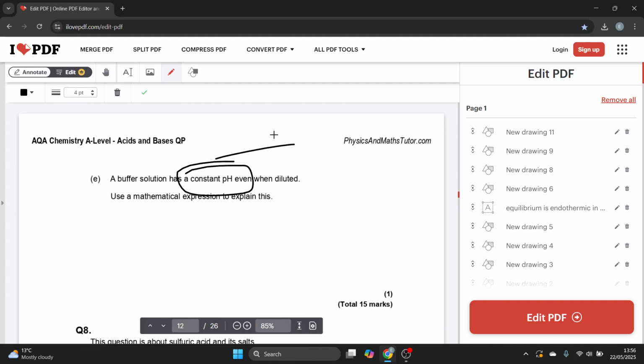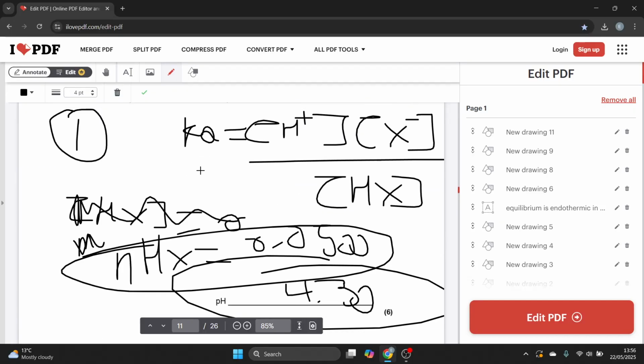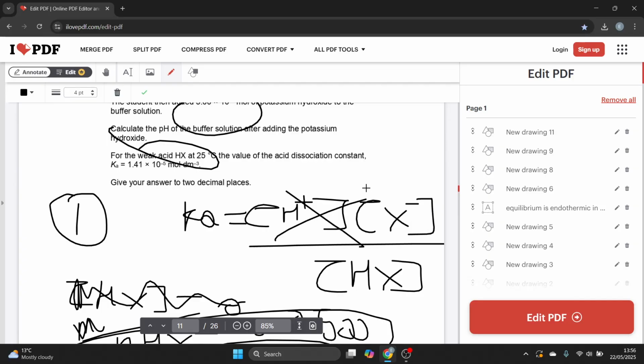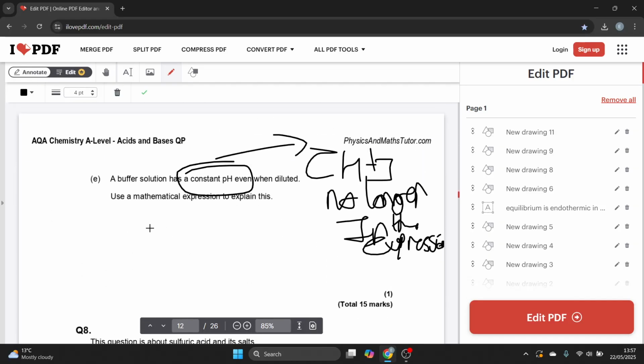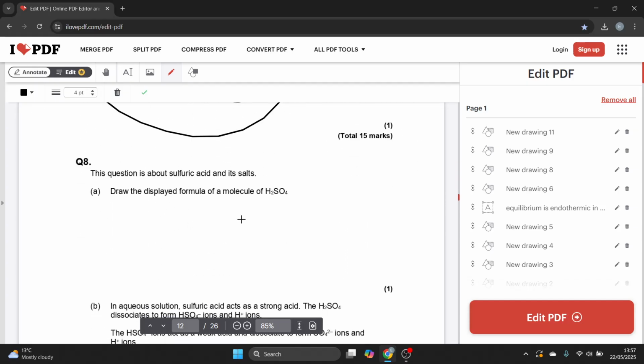If it has got a constant pH, then the concentration of H plus ions is no longer an expression, because it's constant, it's got no effect. So I'm just left with X minus over HX. That's your ratio.